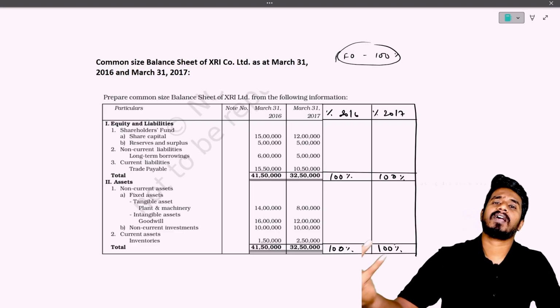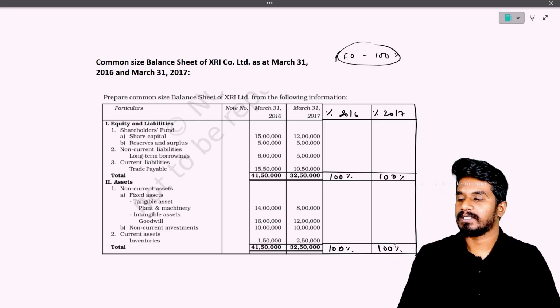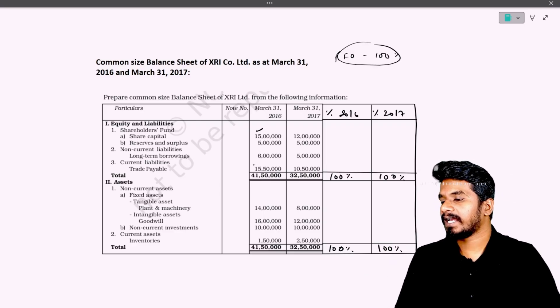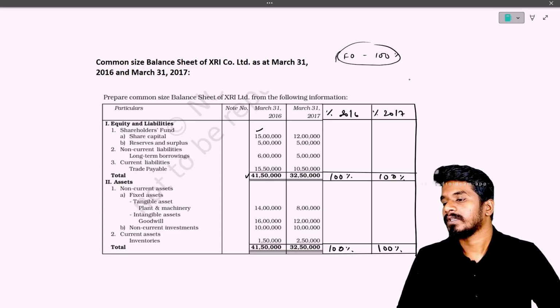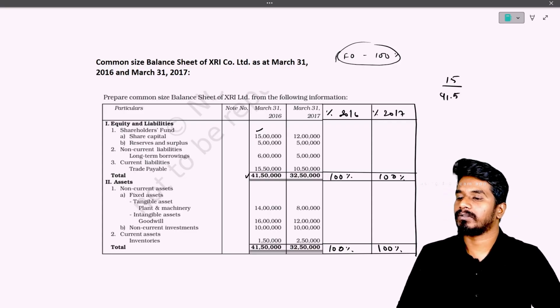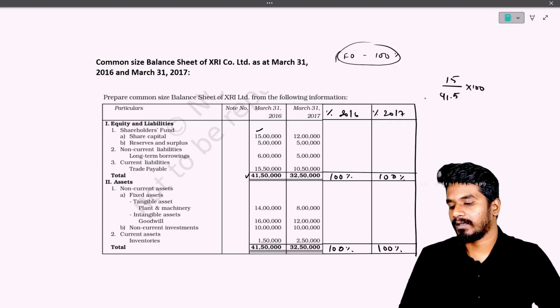You need to compare everything with this. For example, 15 lakhs divided by 41 lakh 50,000, that is 41.5 lakh. You need to divide it and multiply with 100.